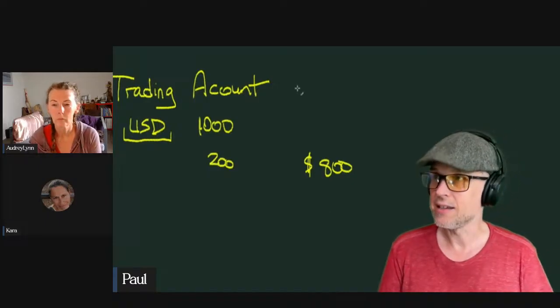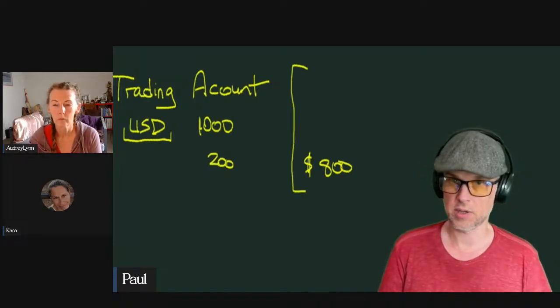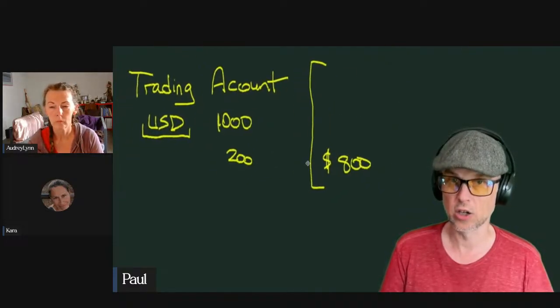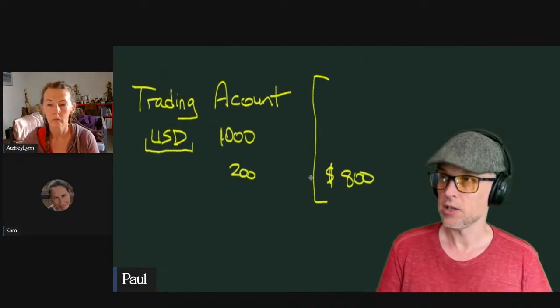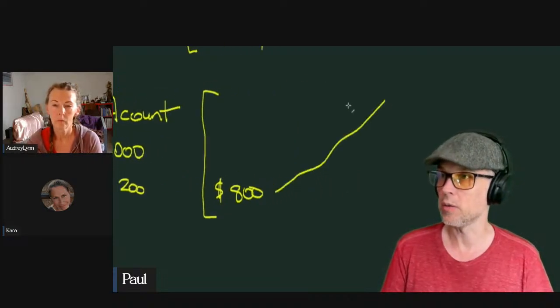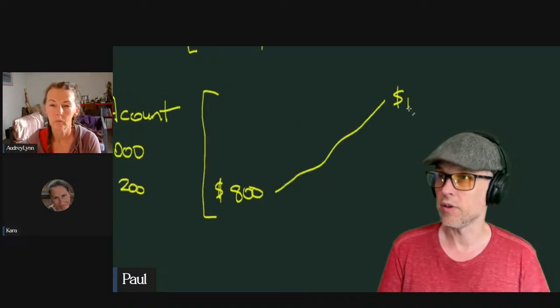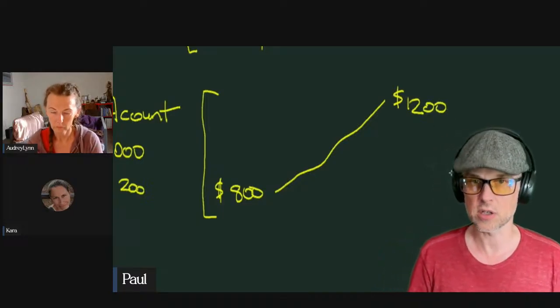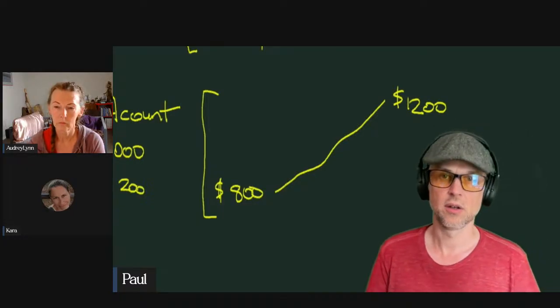and that is in a separate account now, because we're not dealing with the trading account anymore. Now we're actually dealing with a trade. And so you get $800 worth of stuff because you think it's going to go up and you're going to be able to sell it at $1,200. That's the goal. So this is going long. This is a bullish sentiment.